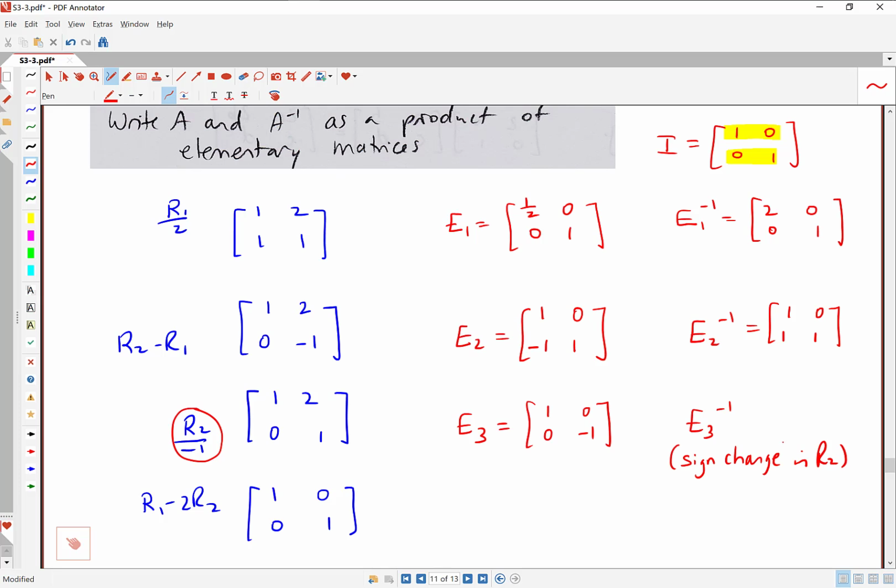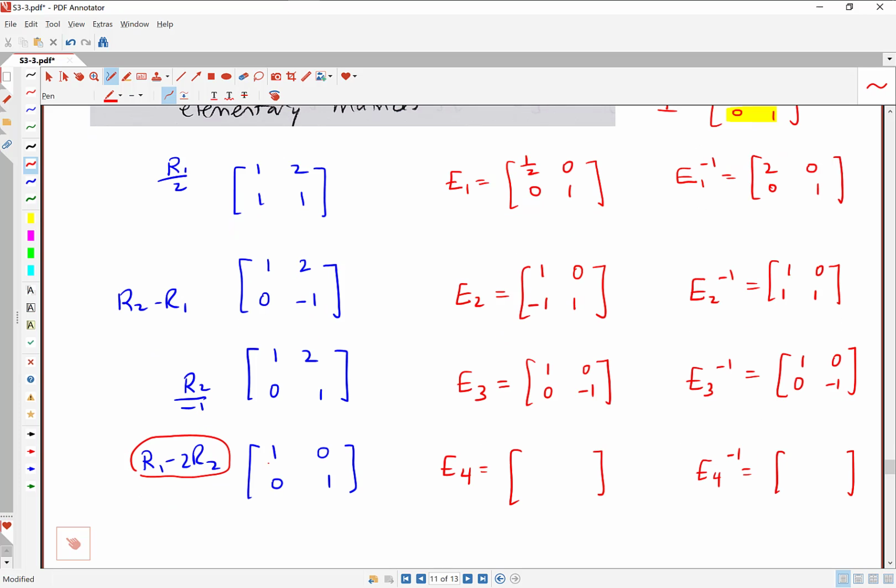So I'm just going to write in words: sign change in row 2. You can either think of that as minus row 2, or you can think of it as row 2 over -1. Same thing. Either way, it's a sign change. So that elementary matrix is actually going to be the same as E3. So to undo a sign change, you just do another sign change.